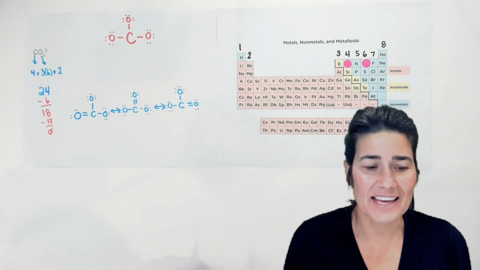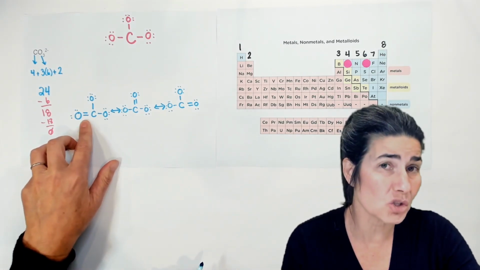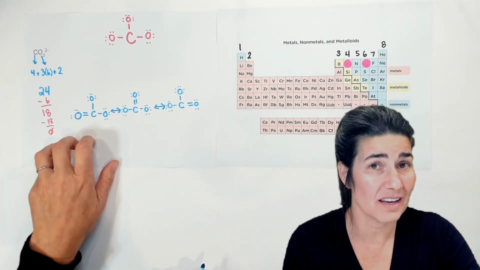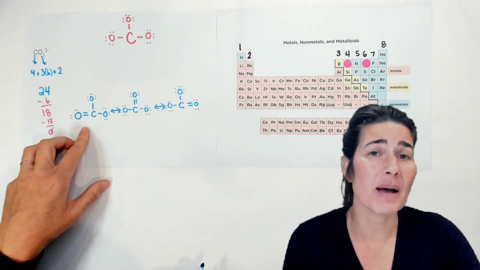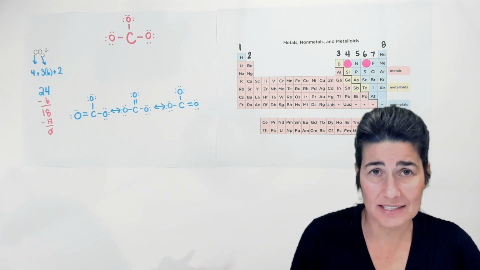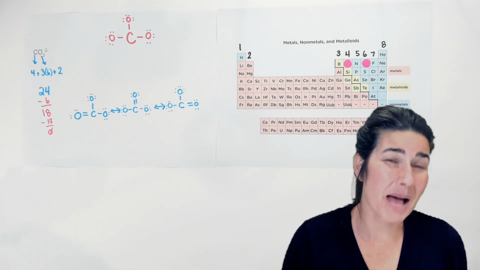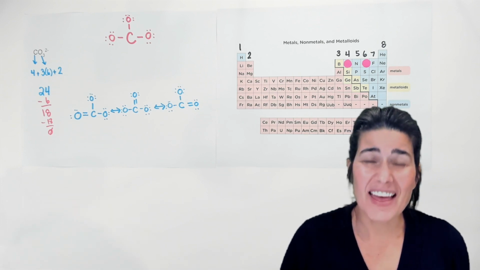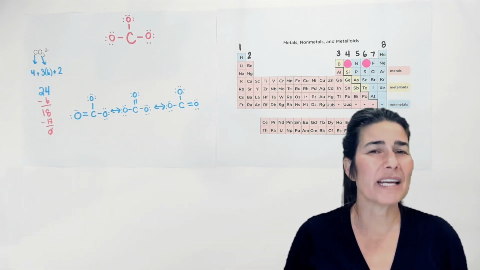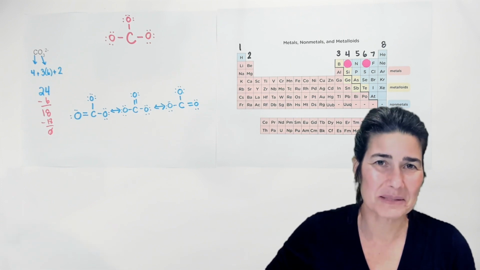What it is not is a molecule or an ion where we have 1 strong bond and 2 weak. Instead, we have 3 bonds that are absolutely identical. They're stronger than a single, but weaker than a double. They are like a bond and a third. That double bond is really kind of spread out in 3 different locations. I hope that helps. Take care.